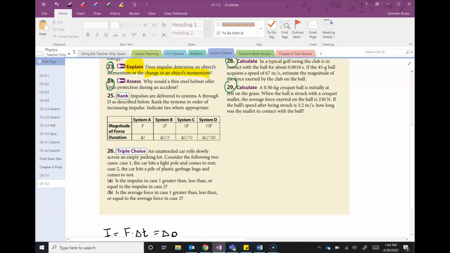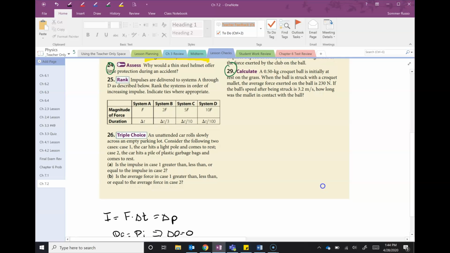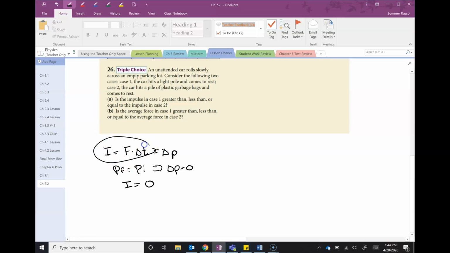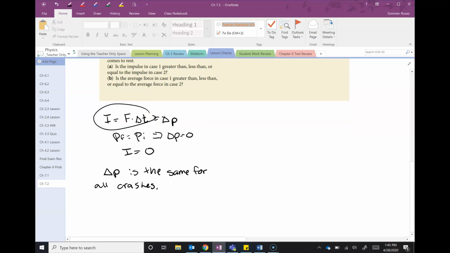So that's number 23. Number 24, we're looking at why a thin steel helmet would offer little protection during an accident. It relates to this. In all cases, when you're crashing, we're going to have that same change in momentum. You had some initial momentum, right?